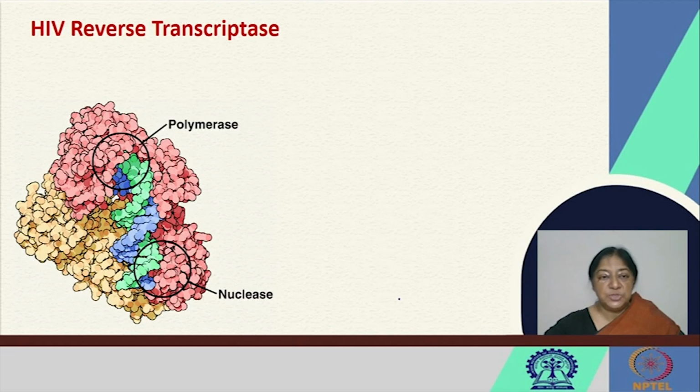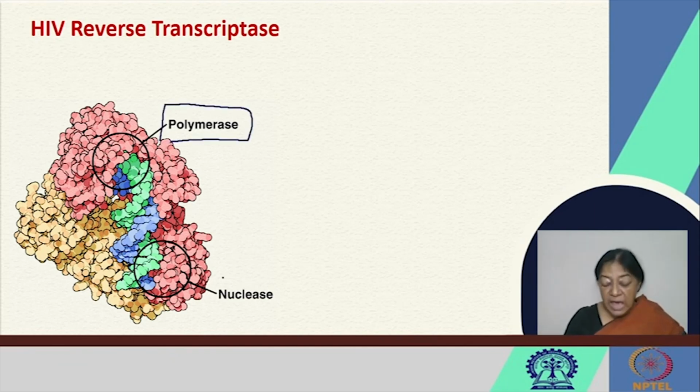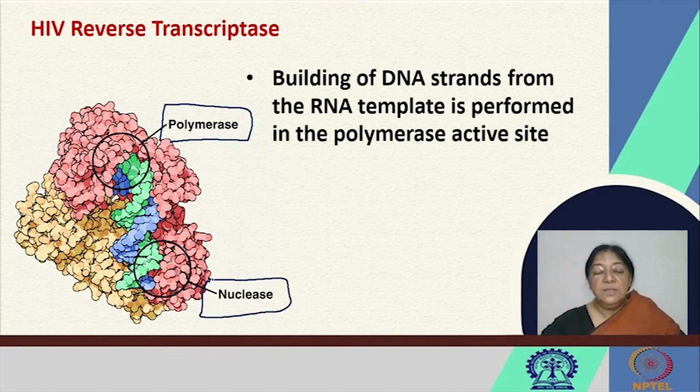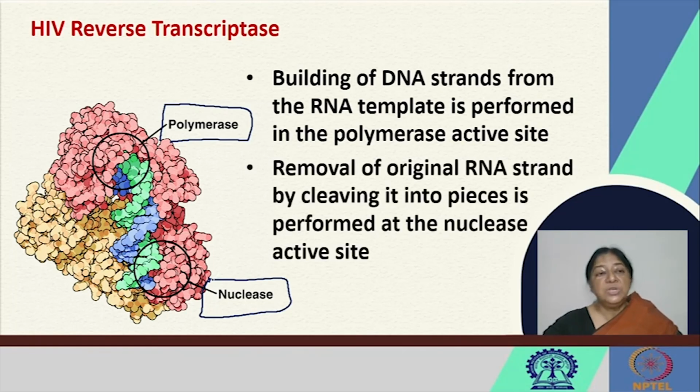the complex formation. For example, we saw in HIV reverse transcriptase, there were two functional units. One was the polymerase and one was the nuclease. The building of the DNA strands, which we saw was made from the RNA template, was performed at the polymerase active site, and the cleaving of the original RNA strand was at the nuclease site.